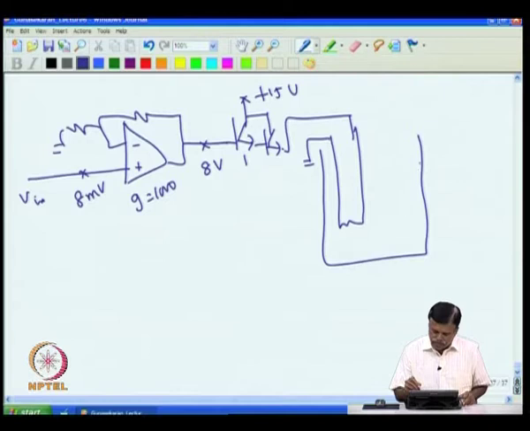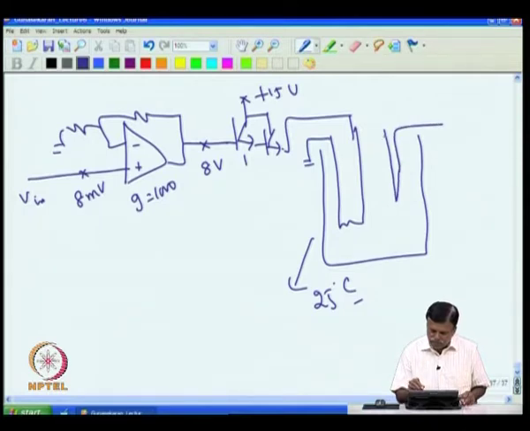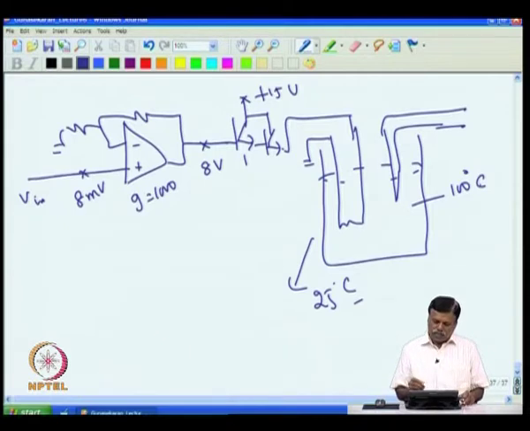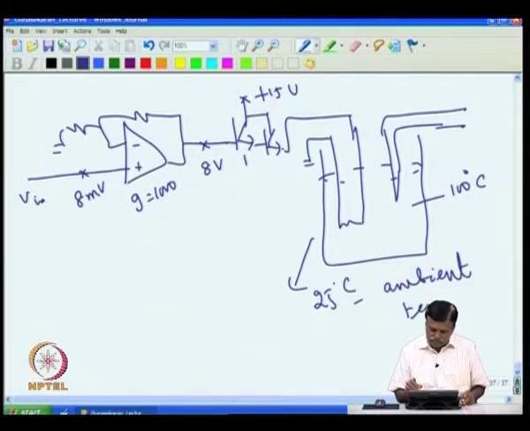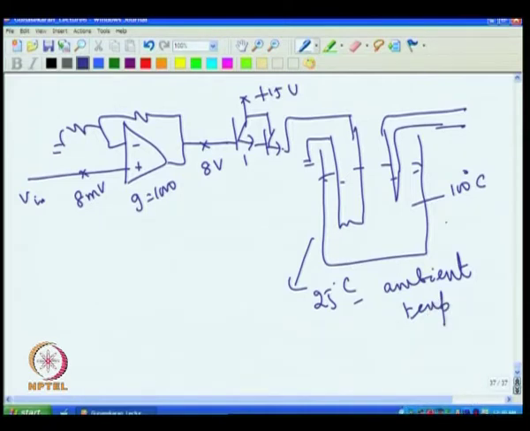Now assume that the ambient temperature is 25 degrees C. This is where our thermocouple is kept, and we want to maintain this at 100 degrees C. So I had set 100 degrees C, and the ambient is 25 degrees C. Now when ambient is 25 degrees C, the system gets 8 volt here, and then this stabilizes at 91.2 degrees C only.